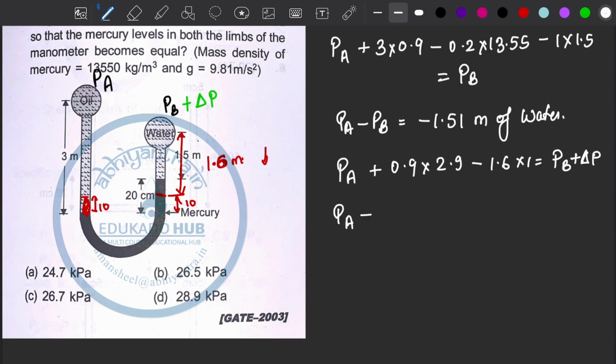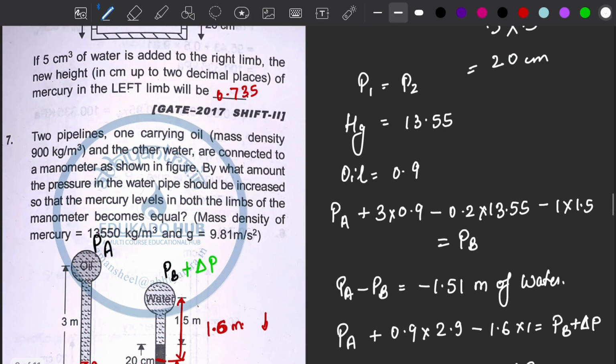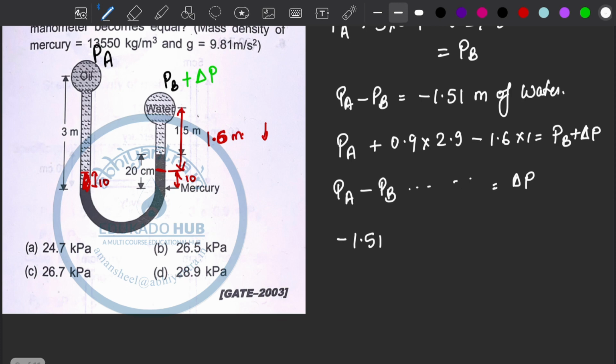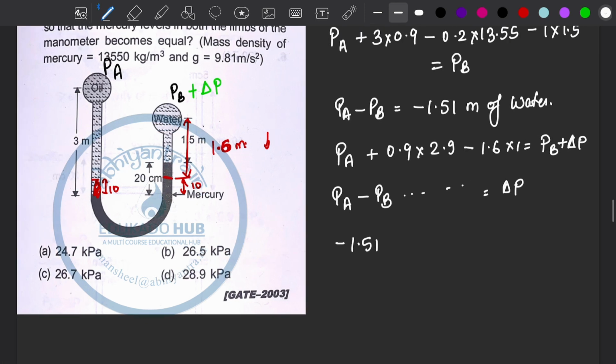If I put PB here, PA minus PB, another thing same comes out as del P. PA minus PB I have calculated, that is minus 1.51, and this thing comes out as 1.01.